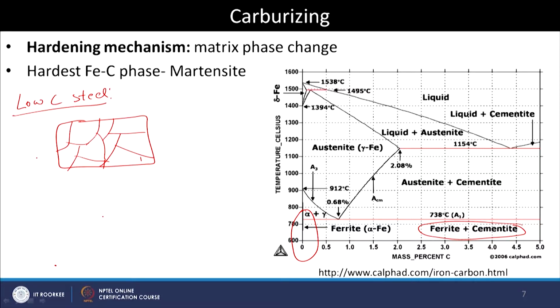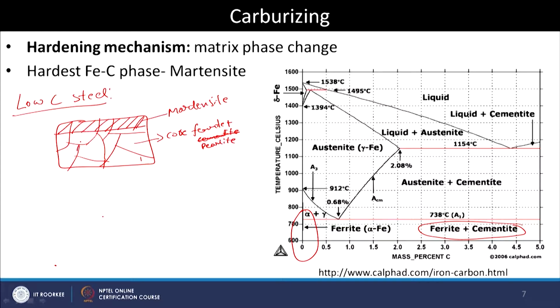If we want to do the carburizing, the objective is that, if this is the surface region, we want it to be martensite, whereas the bulk, the core, will be just ferrite plus pearlite.